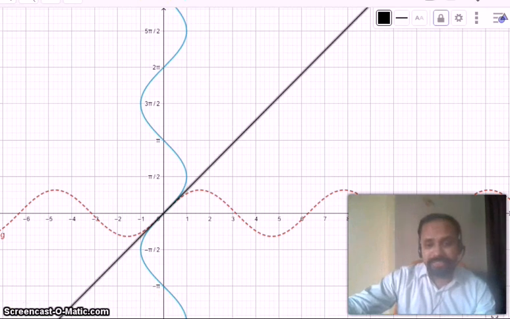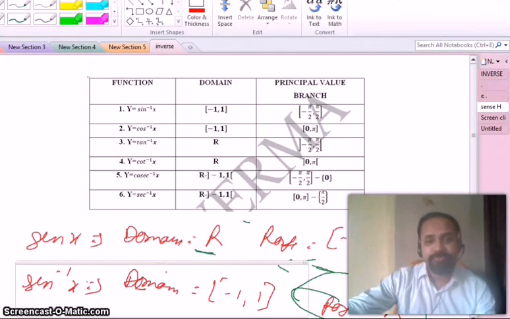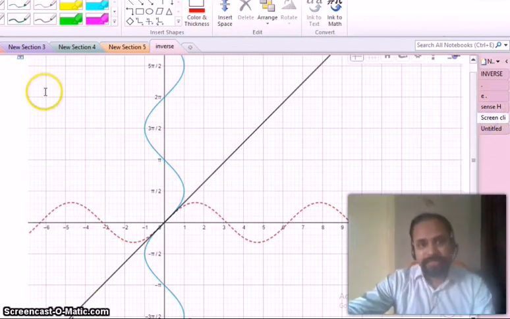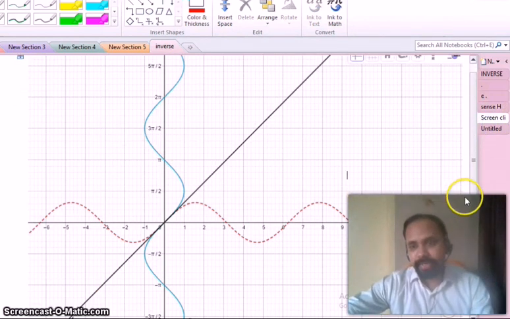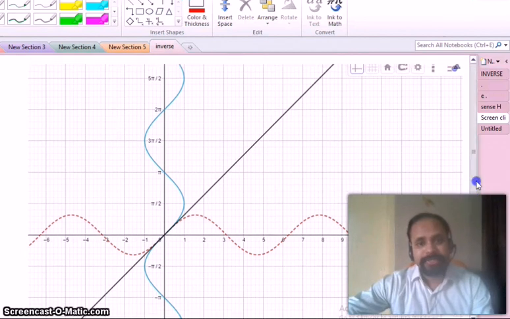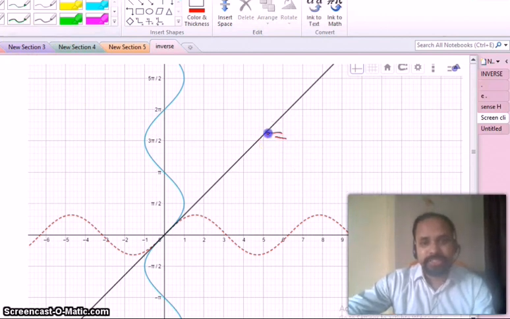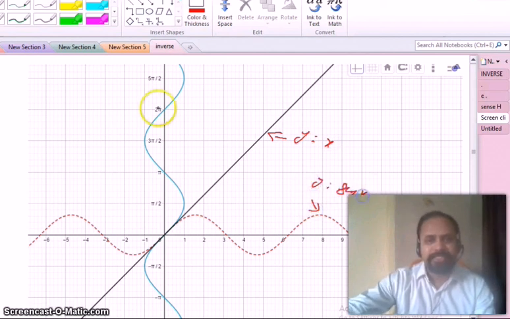Let us see how we can restrict it. This is the graph of y equals sine x and y equals sine inverse x. This is y equals x. This graph is y equals sine x, and this graph is y equals sine inverse x.